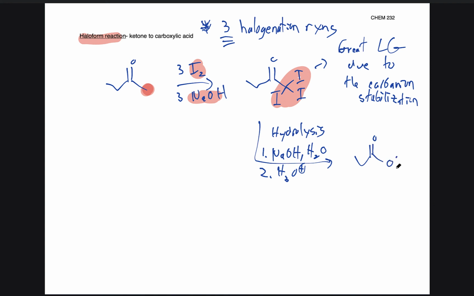So we could turn this into a carboxylic acid, and our leaving group has left. This iodoform, which is the non-IUPAC name, but where the name of this reaction, the haloform reaction, comes from, so we generate this iodoform.